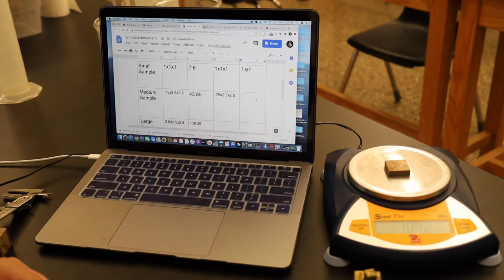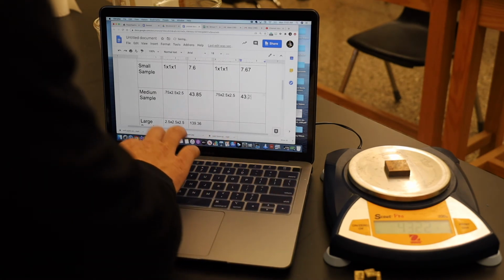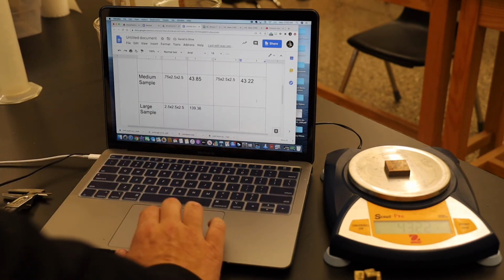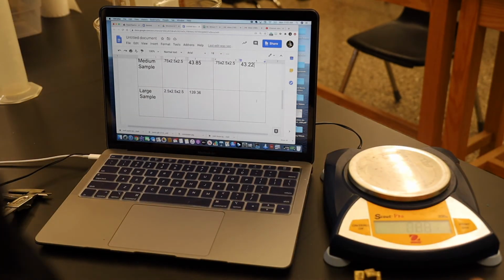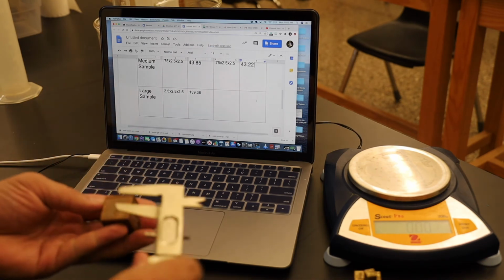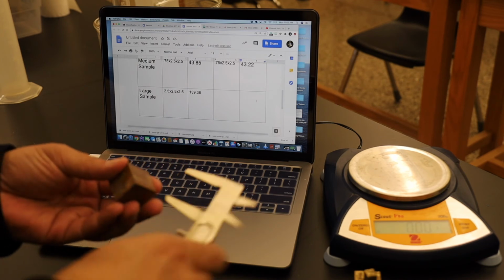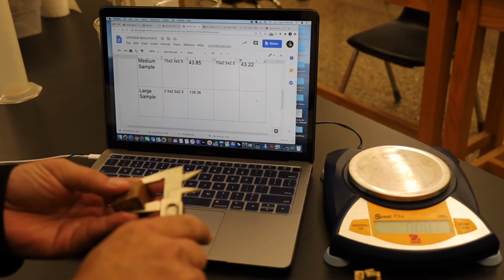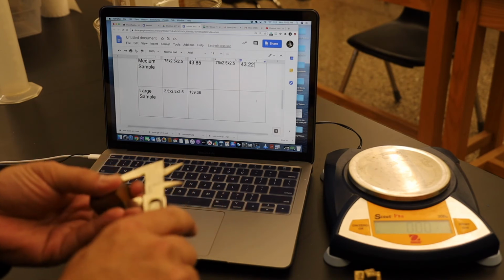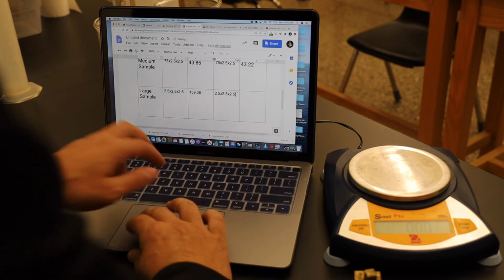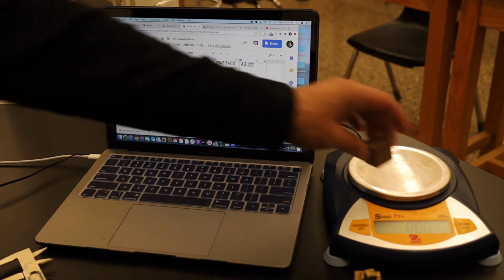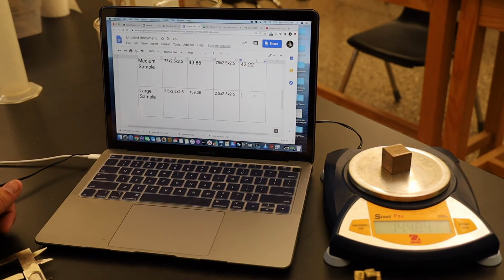And that object's mass is 43.22 grams. And my largest sample, 2.5 centimeters by 2.5 centimeters by 2.5 centimeters, has an overall mass of 144.84 grams.